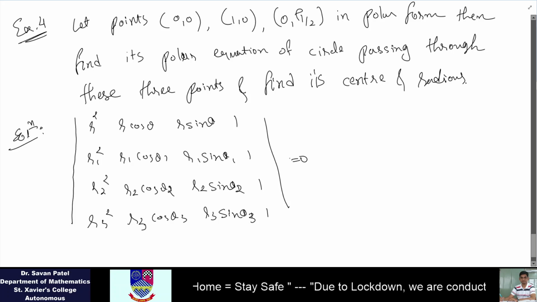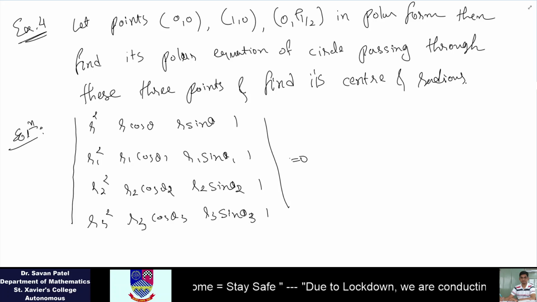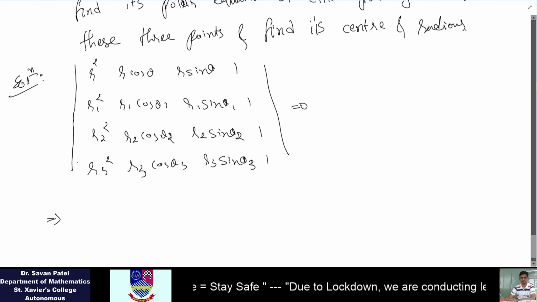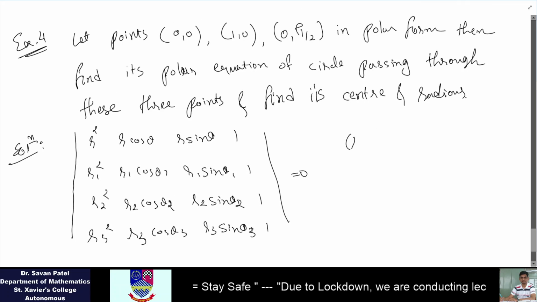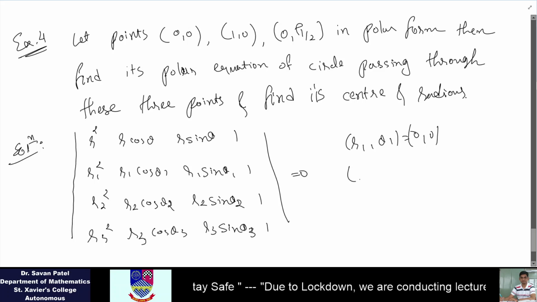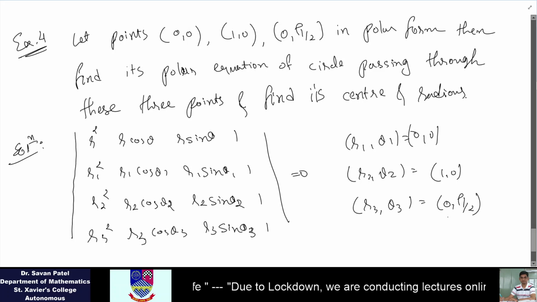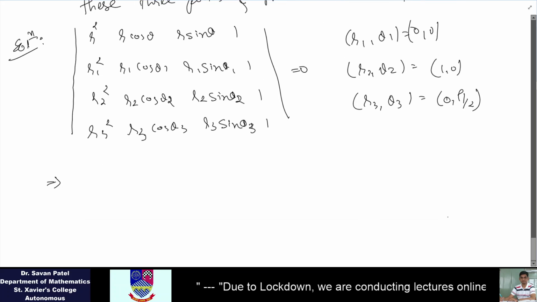So all you have to do is insert values. (r1, θ1) is (0, 0), (r2, θ2) is (1, 0), (r3, θ3) is (1, π/2). You can set any order. Okay, I am taking this one.